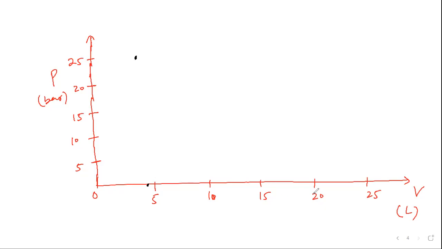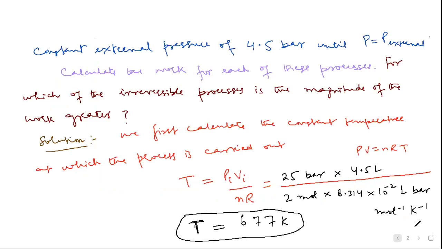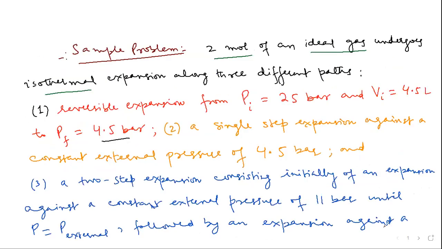Then what is my final pressure and volume? 4.5 bar is external pressure. You can see 4.5 bar, this one.